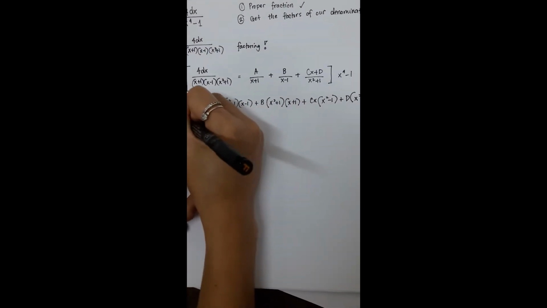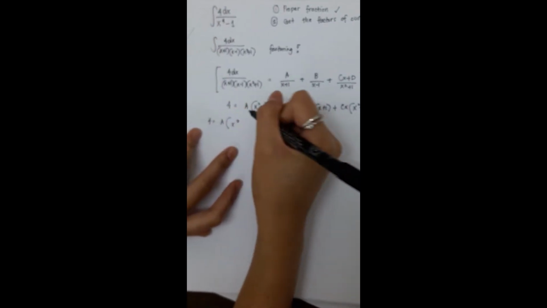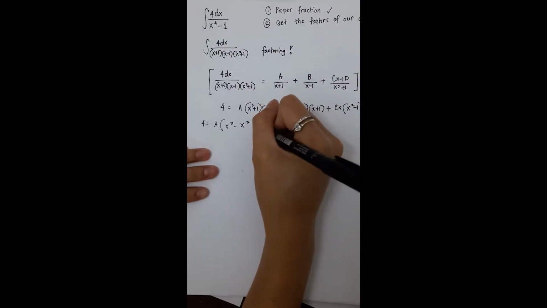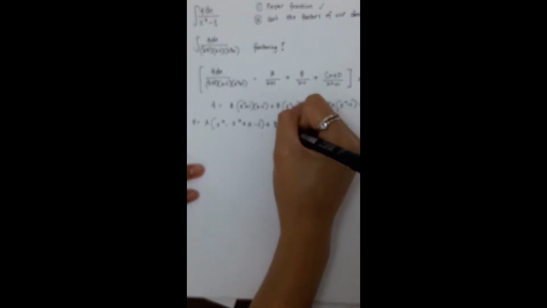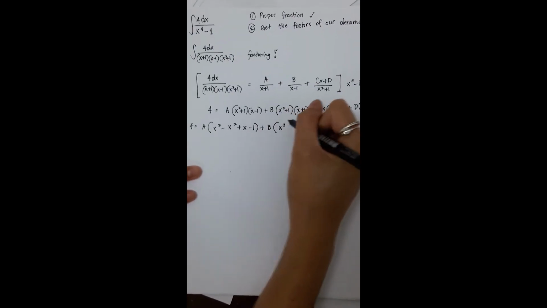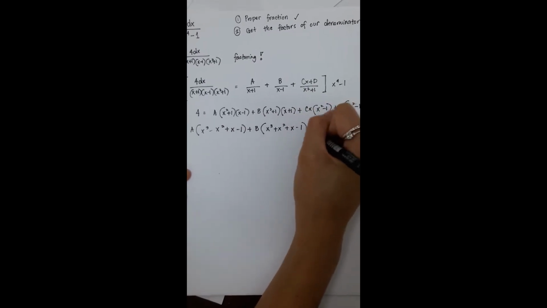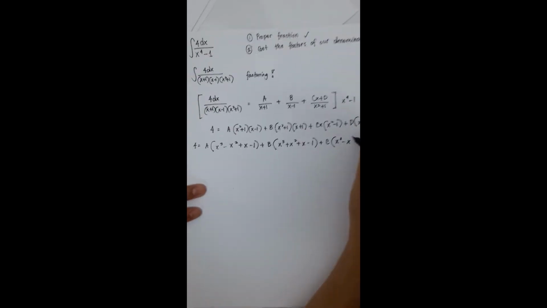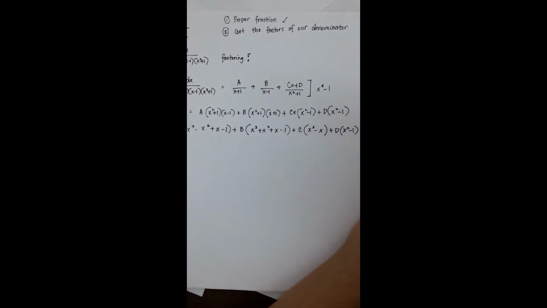Simplifying this, we arrive at 4 is equal to A times x cubed minus x squared plus x minus 1 plus B times x cubed plus x squared plus x minus 1 plus C times x cubed minus x plus D times x squared minus 1. So this is our simplified form.